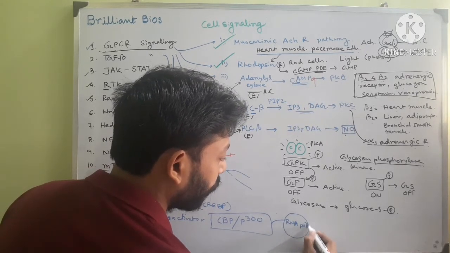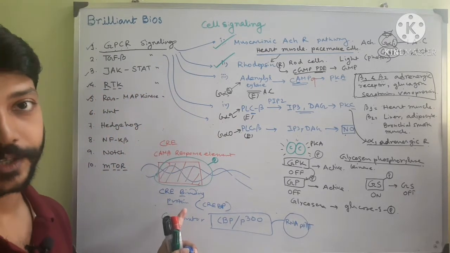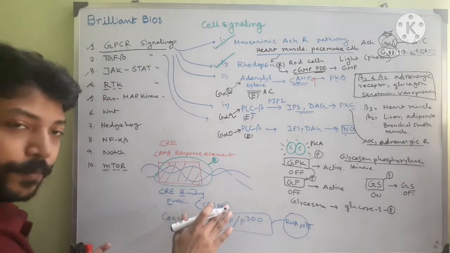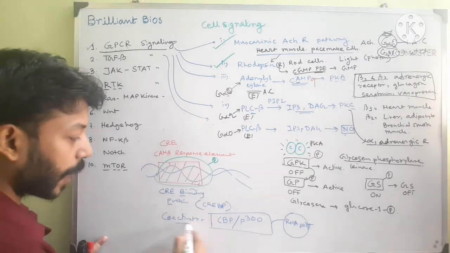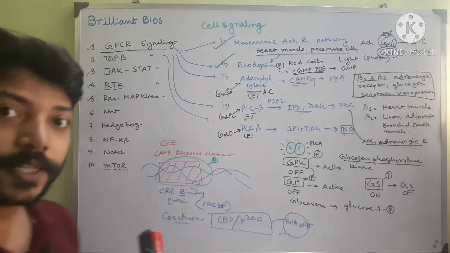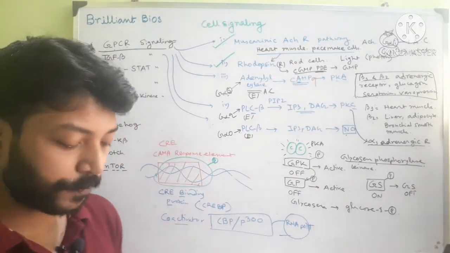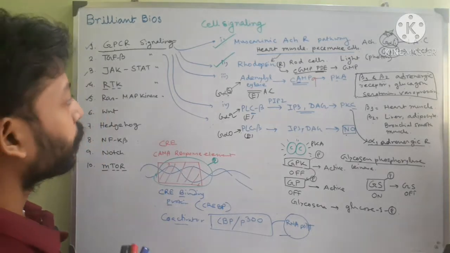Now you can see, with pol II, this gene can be transcribed. So not only does CREB bind, there is a coactivator that connects with RNA pol II, then the gene is produced, and that gene helps in gluconeogenesis. So this is all about the third mechanism.